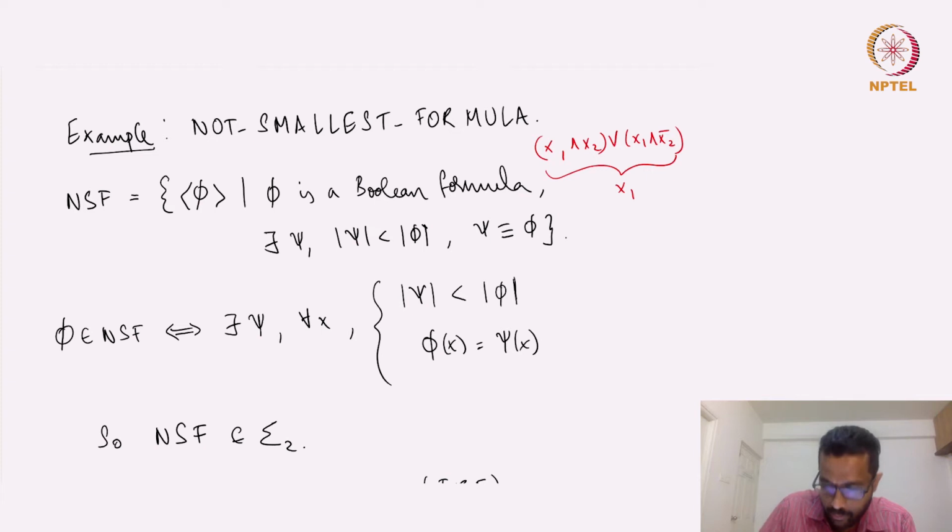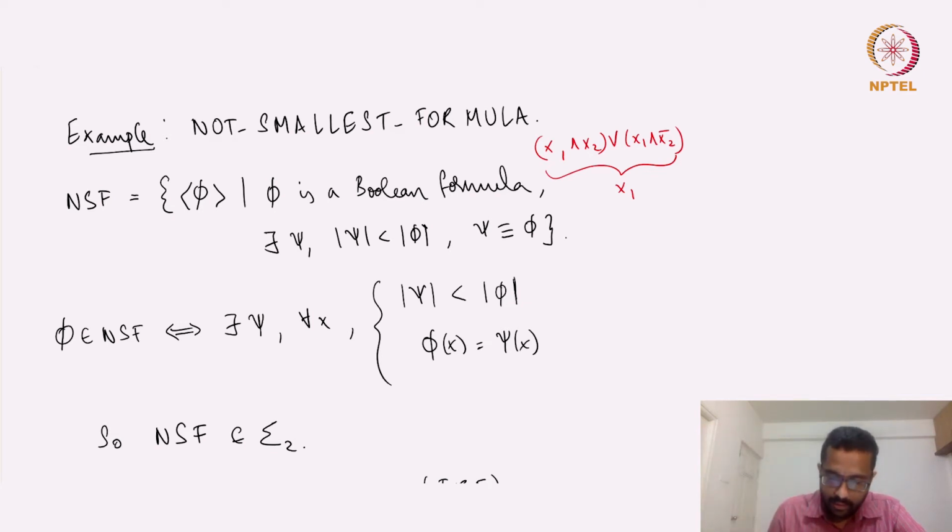So if you give the first one, x1 and x2 or x1 and x2 complement, it will be accepted. So the claim is that this is in sigma2. Why? Because how do we write that this is not the smallest formula?